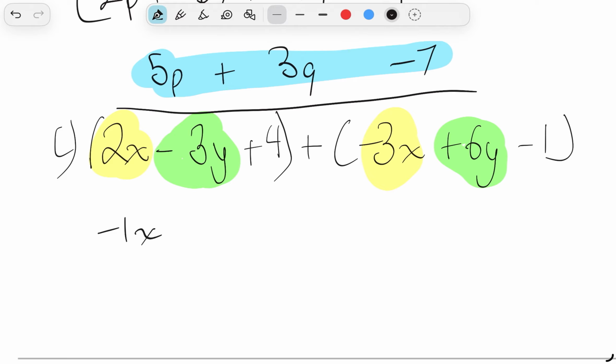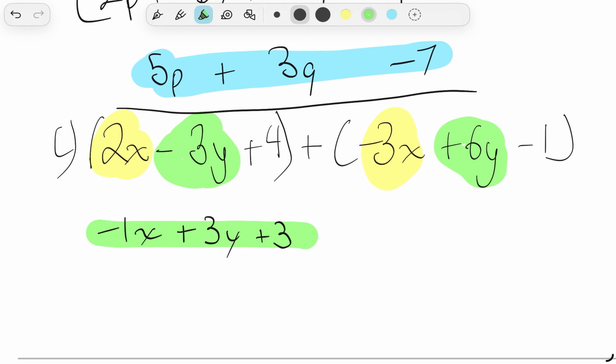Then we've got minus 3y plus 6y, which gives us plus 3y. And then we've got plus 4 minus 1, which gives us plus 3. And our answer to that is indeed this. So that is our answer to C.